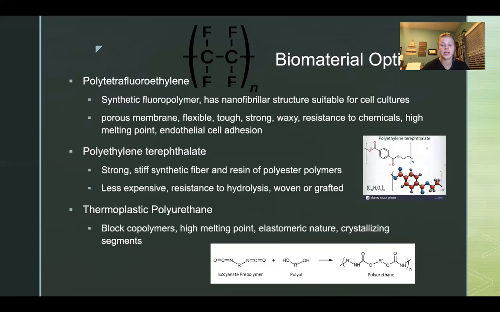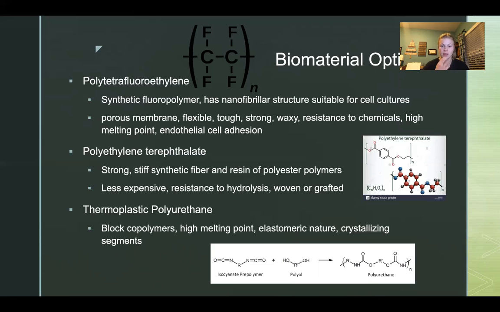resistant to chemicals, with a high melting point. What's also neat is that when placed in the body, the endothelial cells make up the blood vessel wall. It's a graft. The extracellular matrix is what the majority of the blood vessel wall is called.